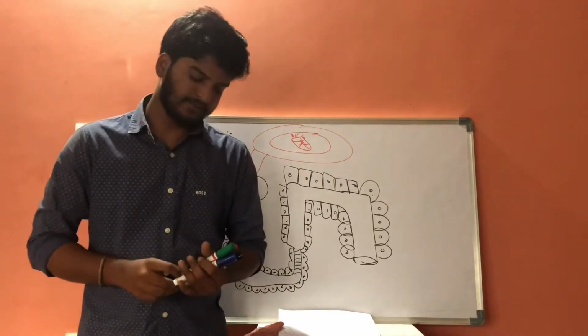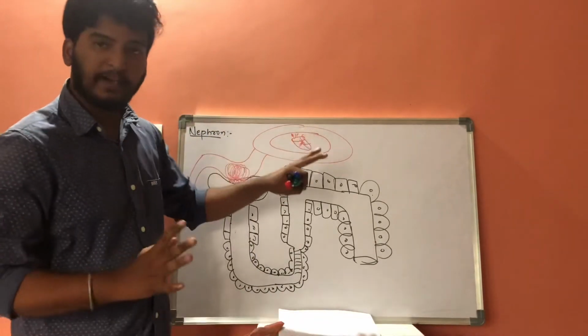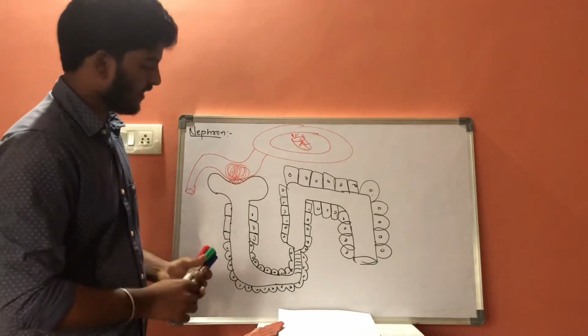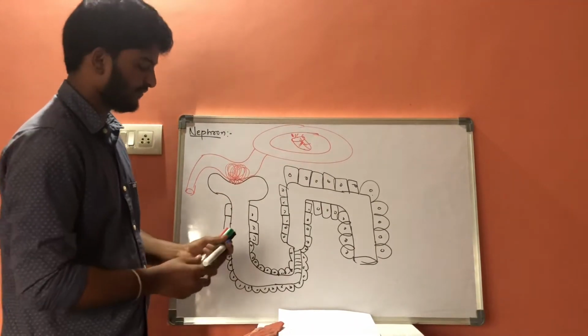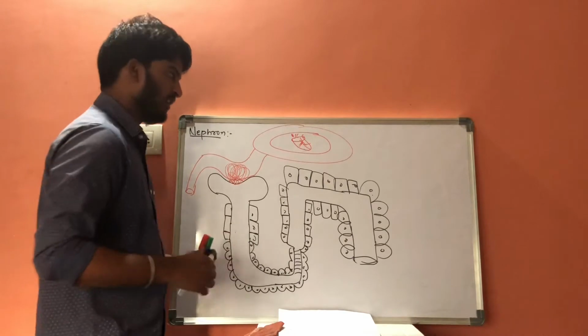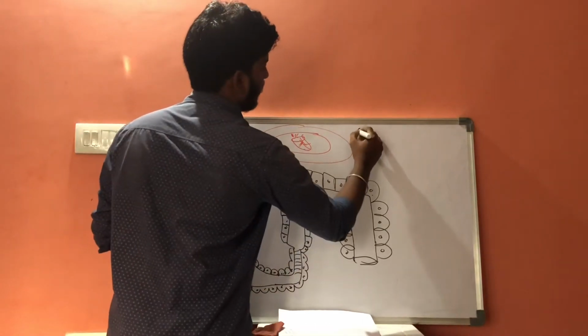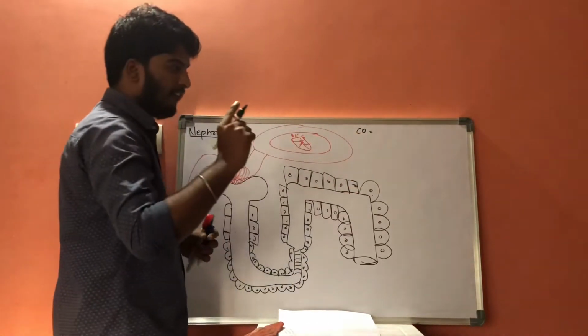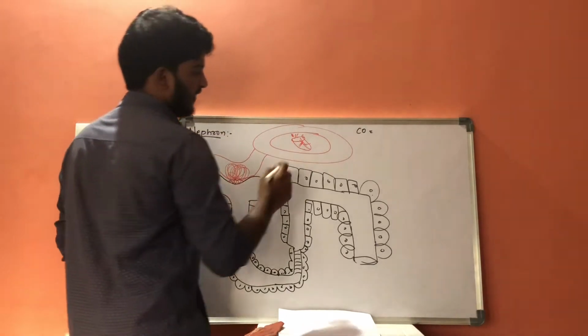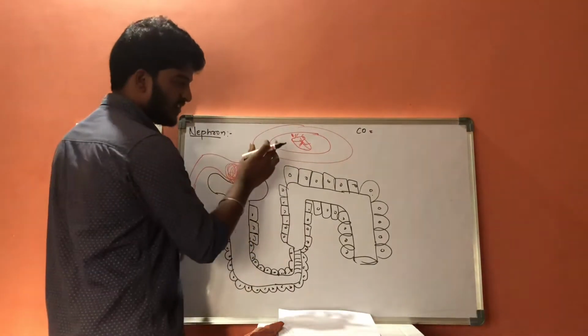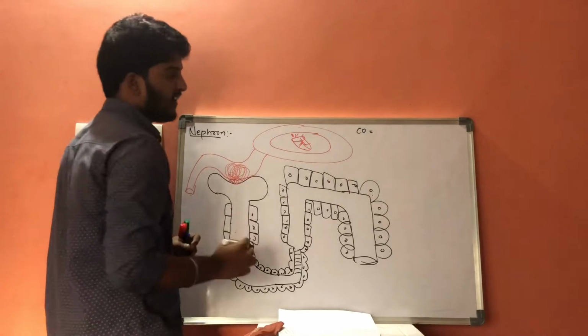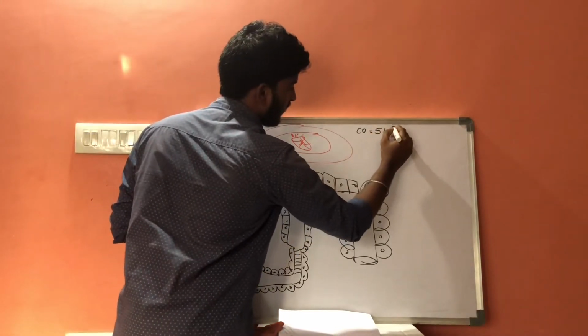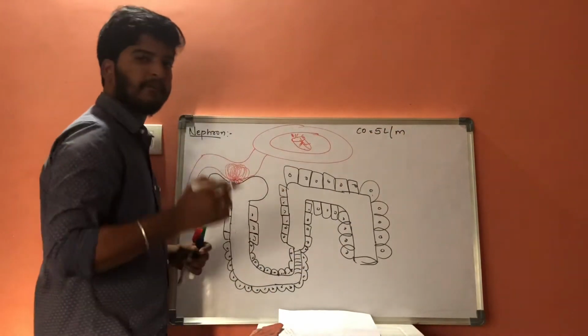It is dependent on cardiac output. Normally, cardiac output is 5 liters per 1 minute. So the amount of blood coming out from the ventricles per 1 minute is 5 liters.